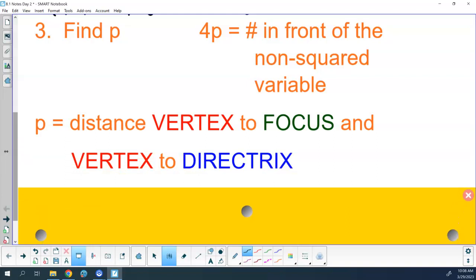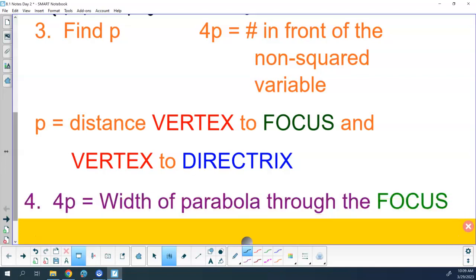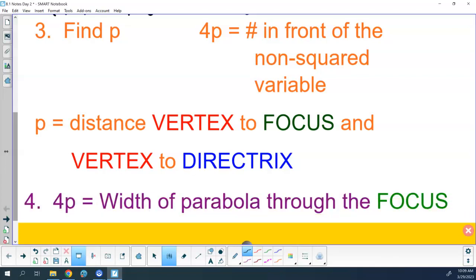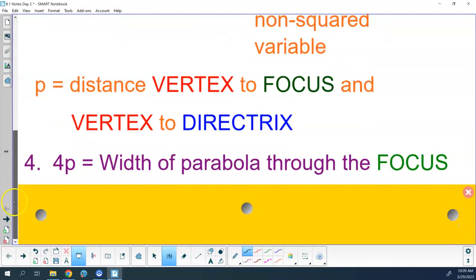Axel, you were on step 4 already. What is step 4? Find the width. And the width is that 4p number. Yep. That's the width of my parabola through the focus. Not through the vertex.